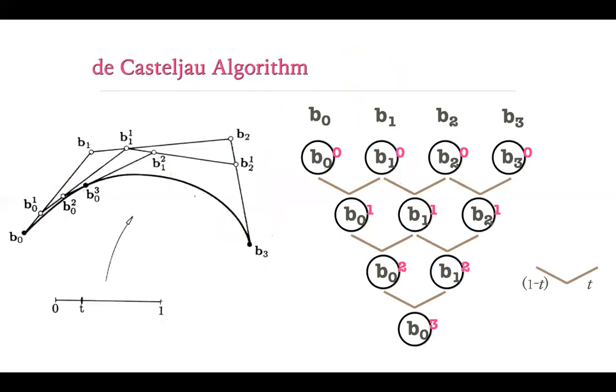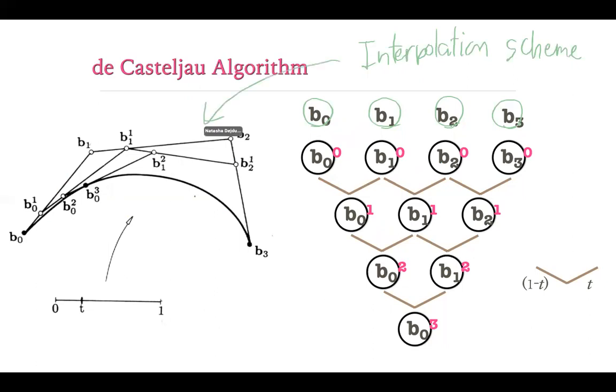Okay, in order to make it clearer, I've just told you that we can start from B0, B1, B2, and B3, right? Sometimes I call this the interpolation scheme.